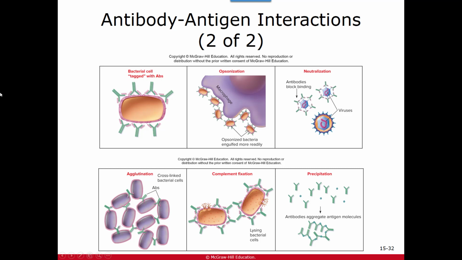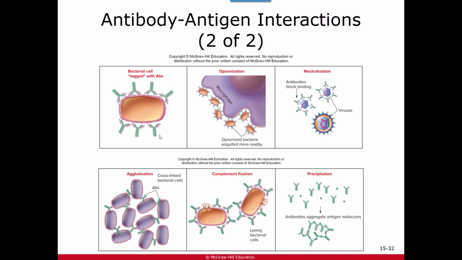Well, you're not really camouflaged anymore if you're completely covered in antibodies, so you're more likely to get eaten. Some bacteria are almost slippery, so our macrophages try to eat them and can't. But you're not so slippery anymore if you're completely coated in antibodies. So opsonization is just the fact that the antibodies coat the bacteria, which increases phagocytosis.